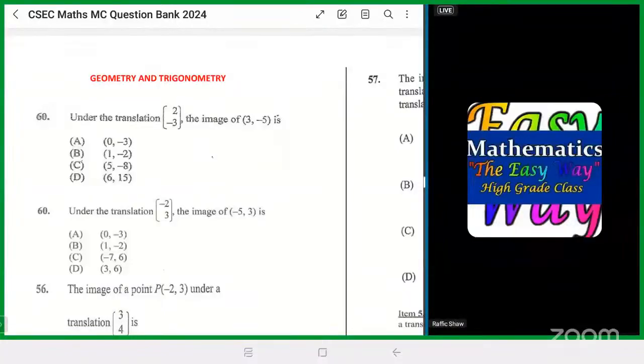So this is 2. One is a 90-degree rotation, one is a 90-degree rotation. What's the difference? You're going from this, right?